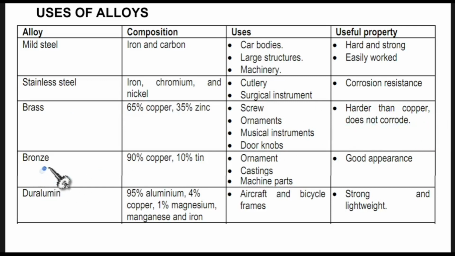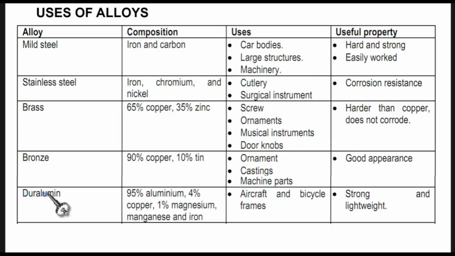All right, another alloy is bronze, and bronze is made of 90% copper and 10% tin. Its use is in making ornaments, castings, and machine parts. The reason why it has these uses is because it has this property, which is good appearance.